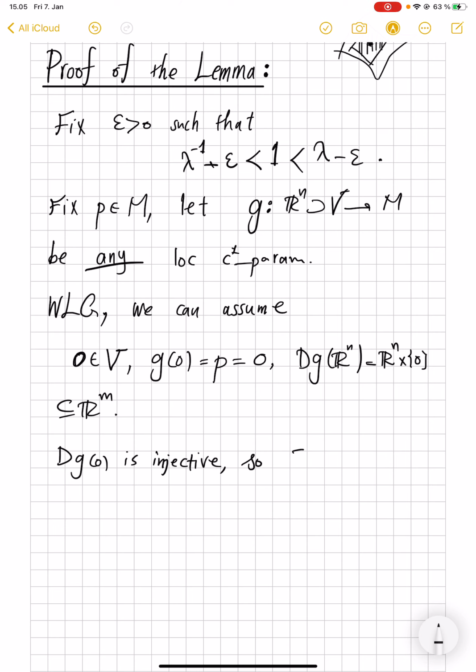So there exists a linear map from Rn into Rn, which is invertible, such that, so we know that the derivative of g at 0 takes every point into Rn times 0.